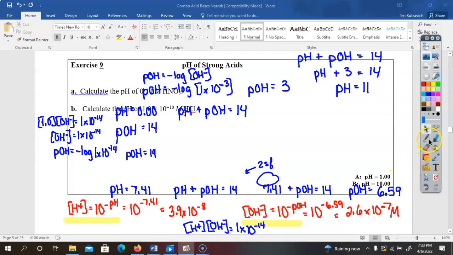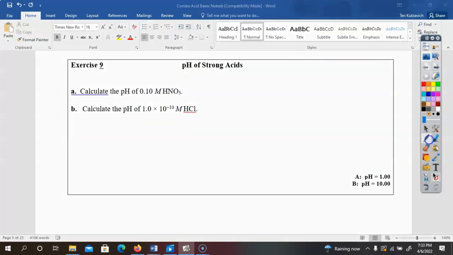Let's look at this next one. Now we're starting to get into the nitty-gritty of this. So, HNO3. HNO3 is a strong acid. It ionizes into H plus and NO3 minus.